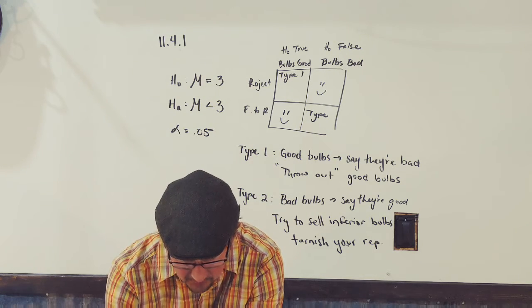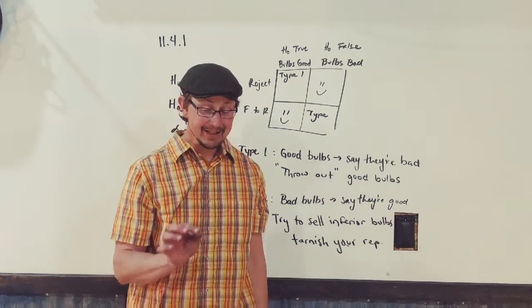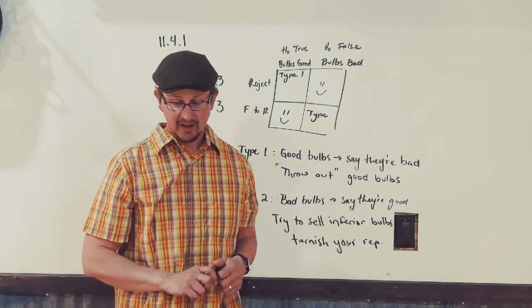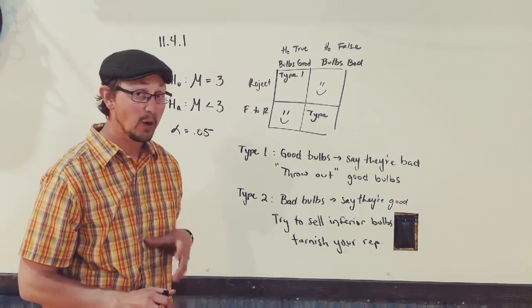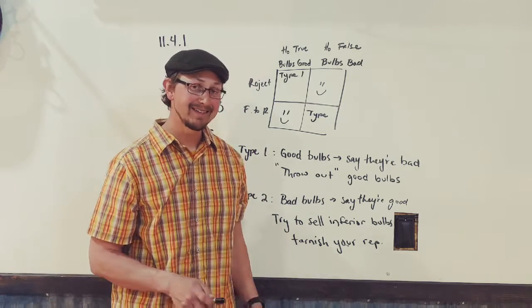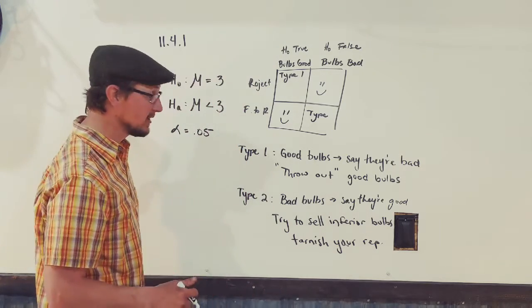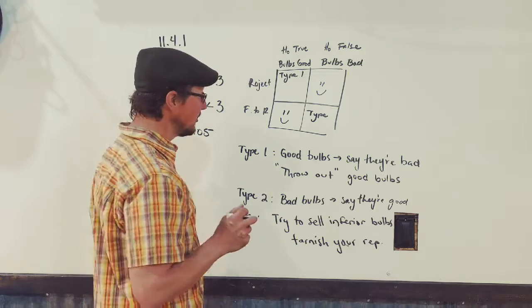Question number 2 says, explain clearly 2 different things that could be done to increase the power of the proposed test procedure. Well, we learned in one of our previous lessons that to increase power, we can do 2 very simple things.